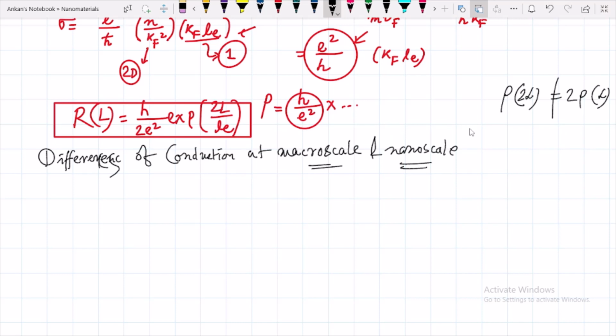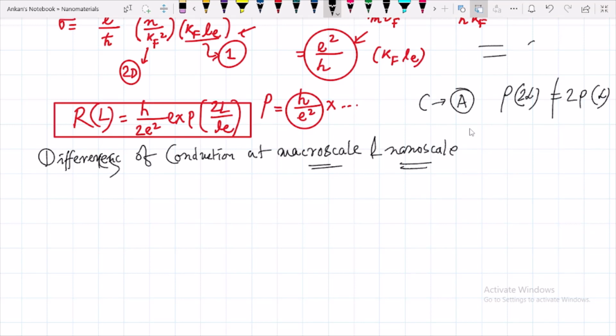Now the quantum effects are averaged out by the thermal effects in the macroscopic condition, but the quantum effects dominate in the nanoscale condition. And because of the nanoscale dimension, the effective capacitance is very small, as we know that capacitance is directly related to the area.